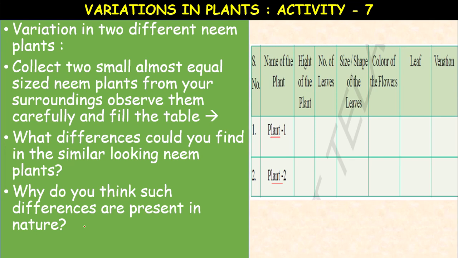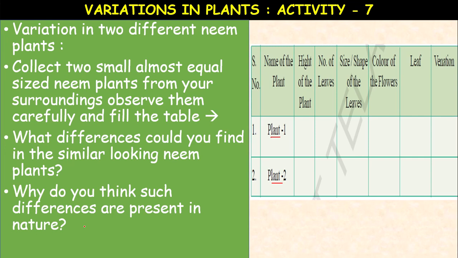Okay, it depends on plant 1, where it is growing, the habitat, the soil, the contents of the soil or the minerals or the fertility of the soil, and plant 2. There are several factors which influence the growth, the size and shape of the plants.